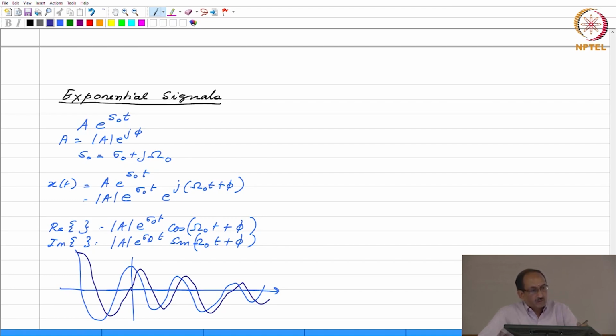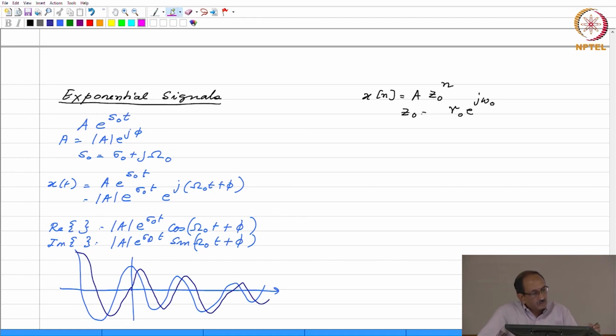Now the counterpart is x of n, which is A times z naught to the n, and A is the same as before, magnitude times e to the j phi. z naught is again a complex number, and z naught is r naught e to the j omega naught.